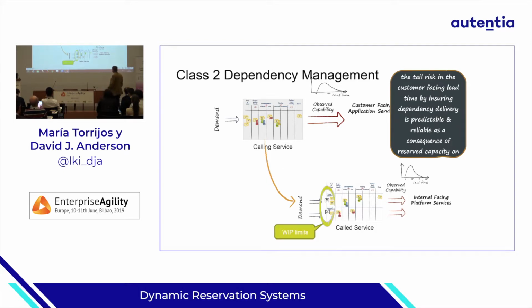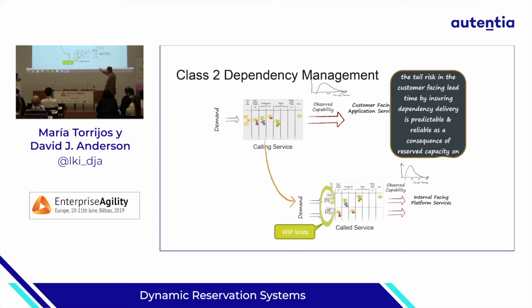All right. Next. Class 2, where we do actually care about we don't want a huge long tail in our service delivery. So if we do discover a dependency, we want the shared service to cope with it reasonably quickly.